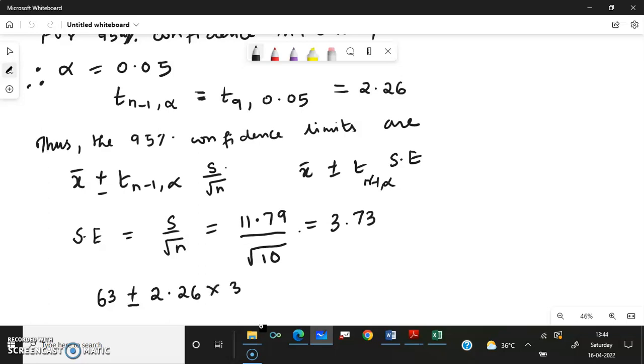The standard error we got as 3.73. So we'll calculate from Excel: 63 plus or minus 2.26, the tabular value, into the standard error, which we got as 3.73.